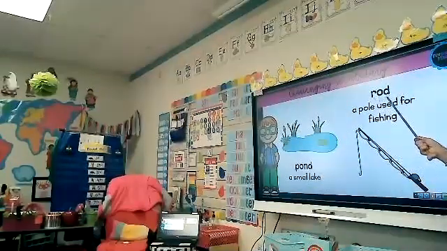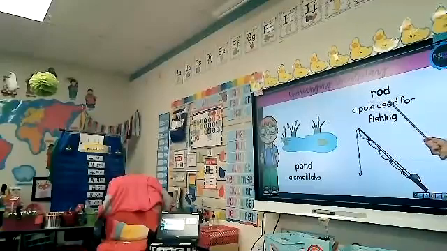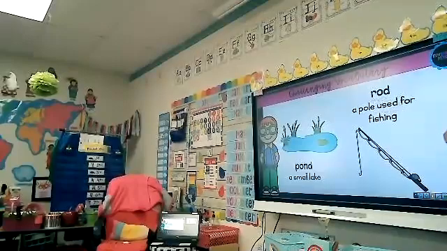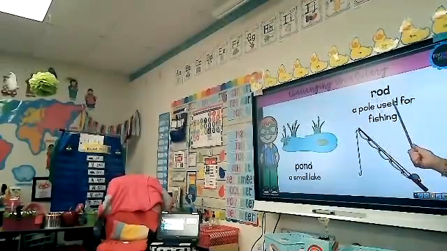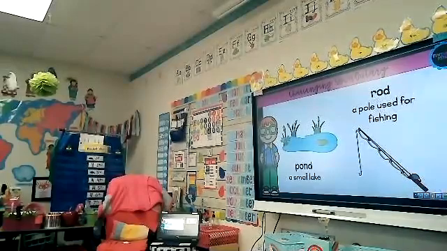All right. Who thinks they know what this word is? Calliope. Rod. Right. Is this a rod? Yeah. What do you use a rod for? To go fishing. That's right. It's a pole used for going fishing. Good.